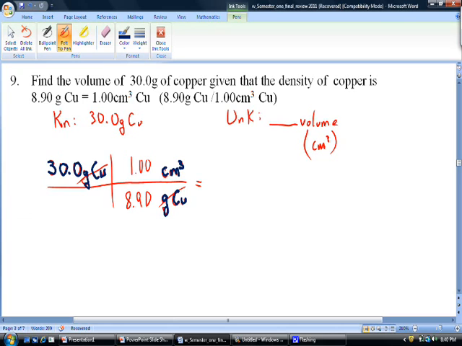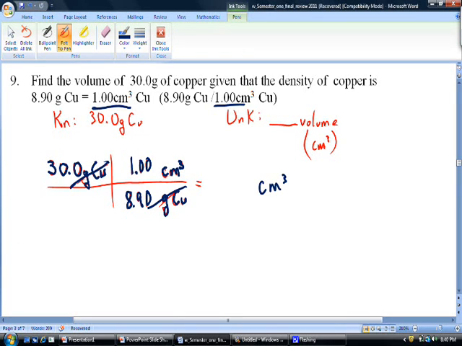And that unit multiplier is really just that thing we learned to call density. So 1 centimeter cubed from our density is equal to 8.9 grams of copper. And so however this problem looks, we arrange the units so that the units that we want to factor out cancel, and we are left with the unit we need to have.